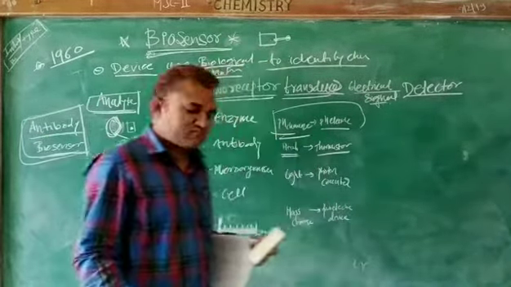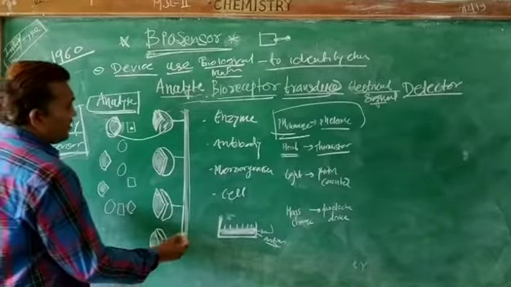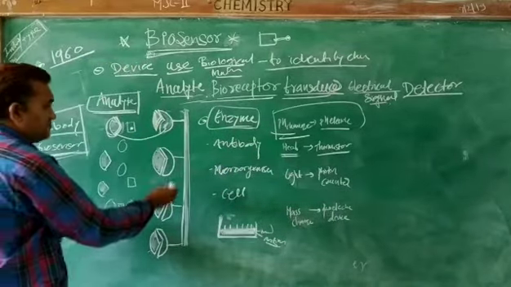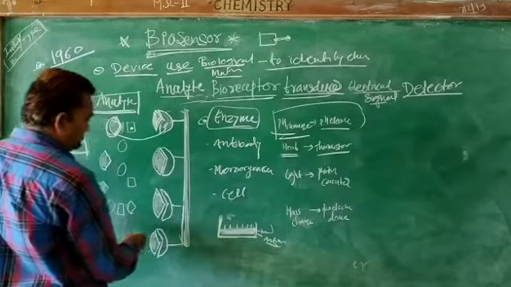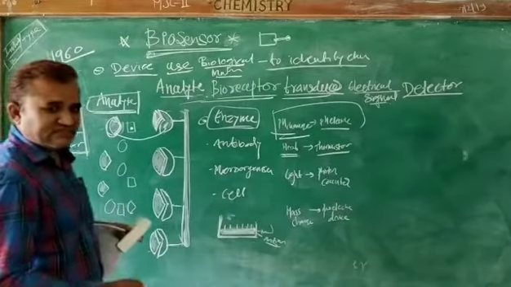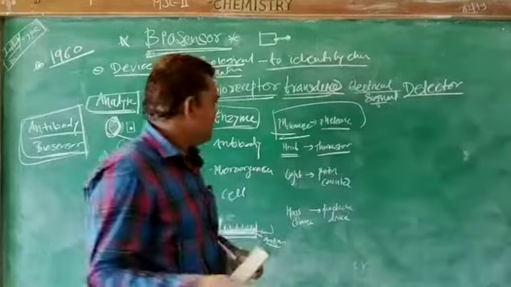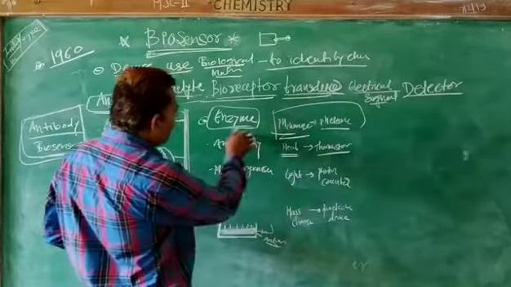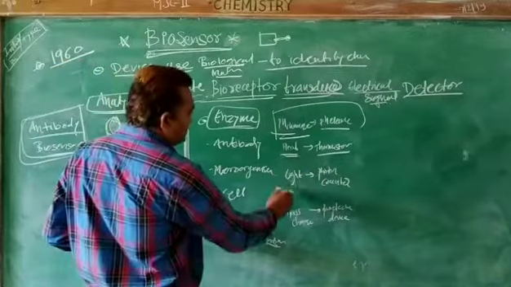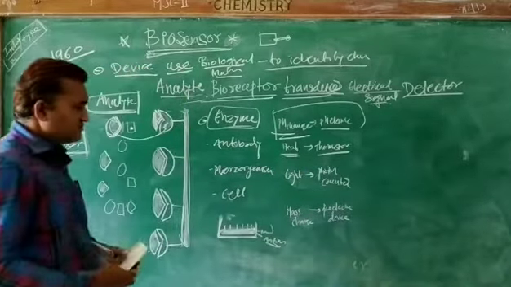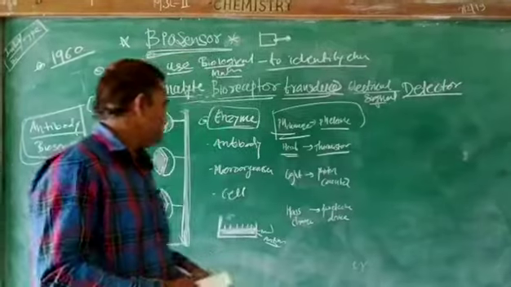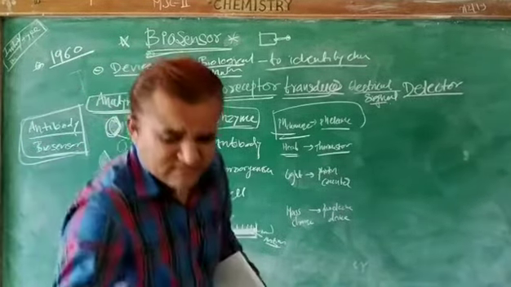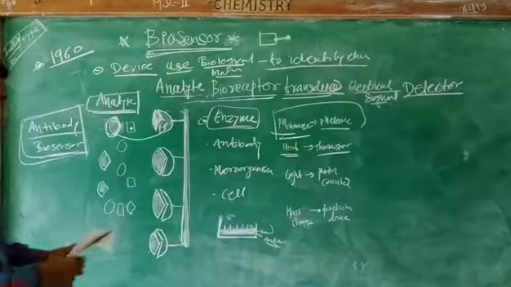Another example of a biosensor is enzymes. When we put enzymes on the substrate, they attach to the analyte substance, and there is a change in pH, heat, light or mass. Another example is cells.